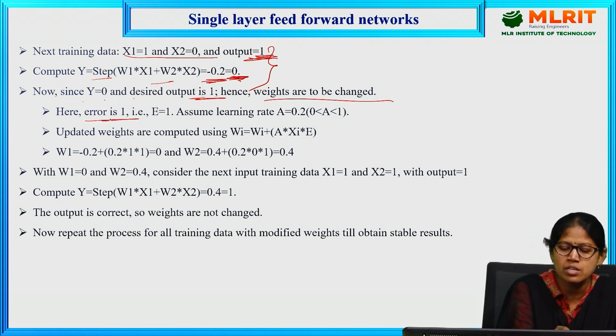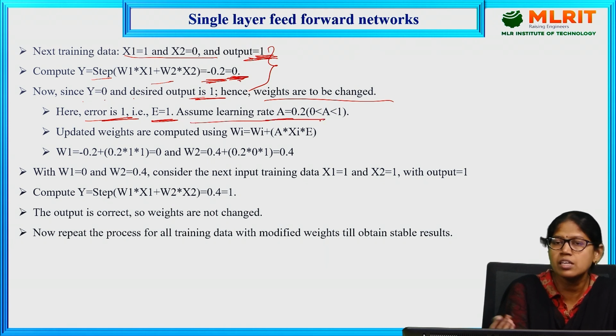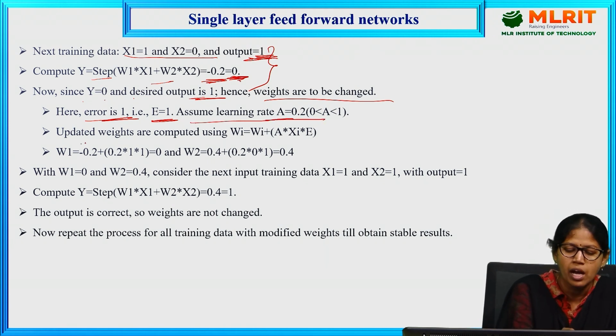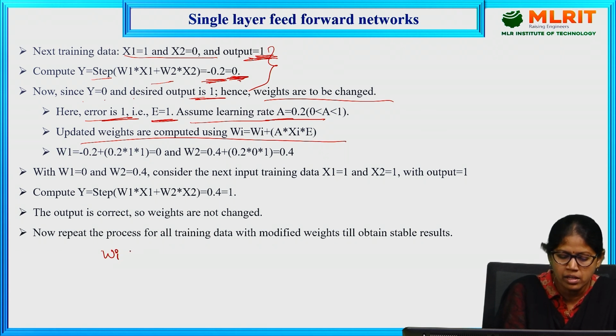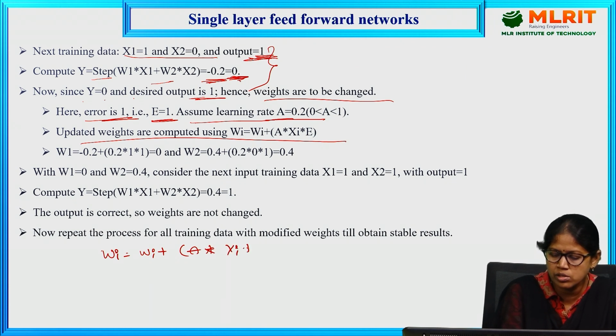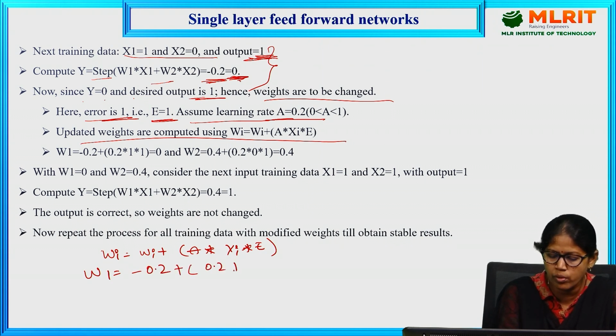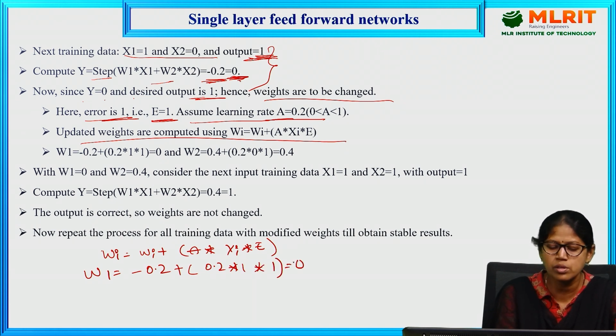Here error is 1. Assume the learning rate is some 0.2, for example. Updated weights are computed using Wi equal to Wi plus A into Xi into E, which is the formula. So first W1 equal to minus 0.2 plus A is 0.2, X is 1, into 1, equal to 0.